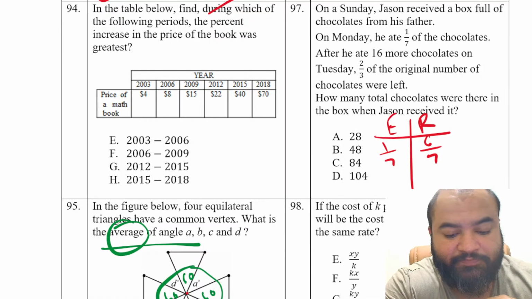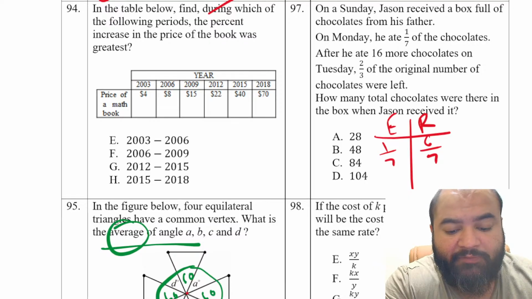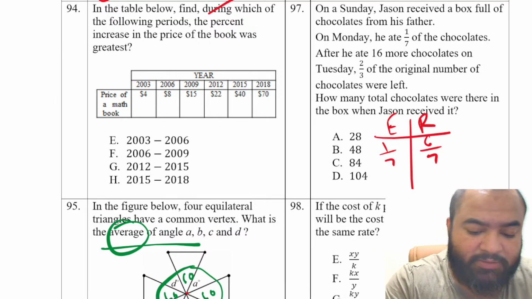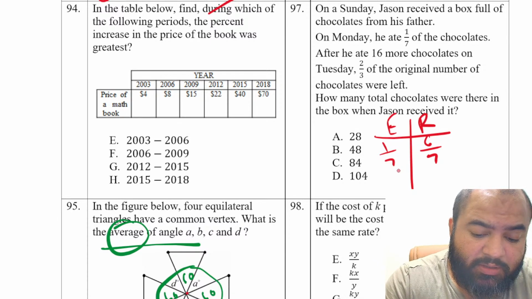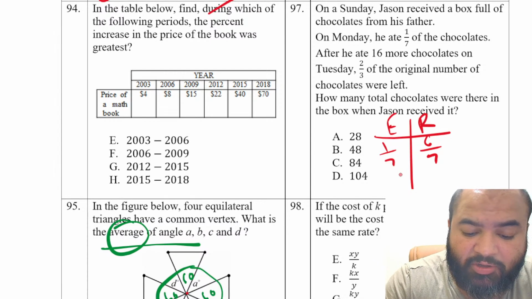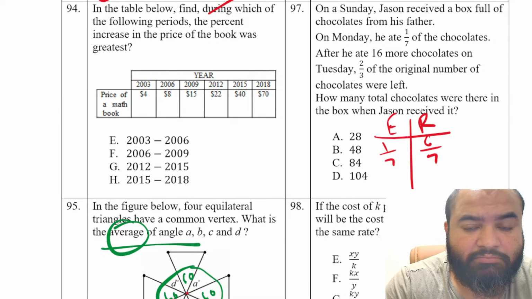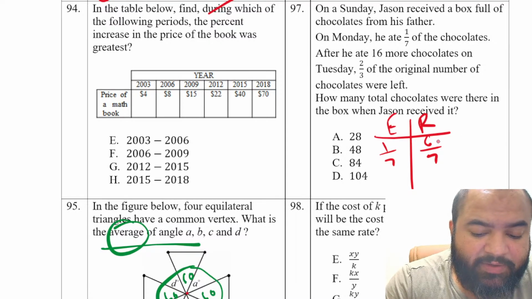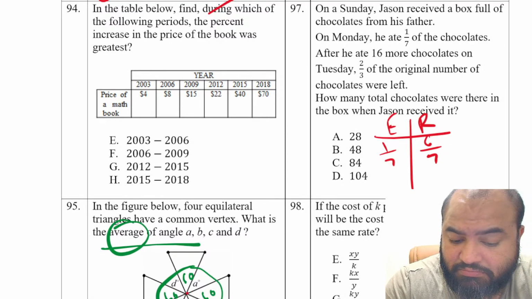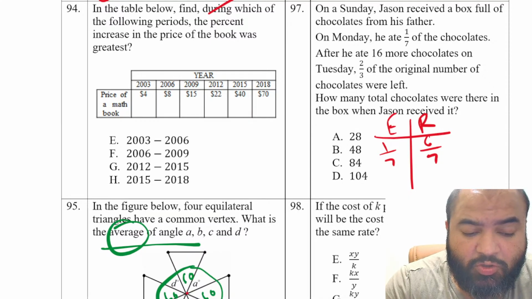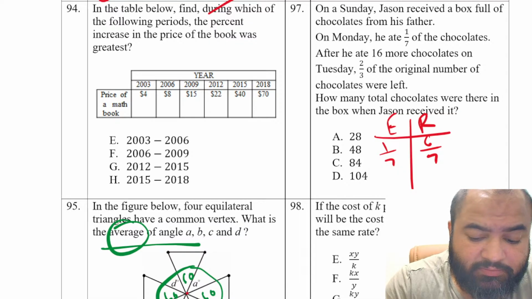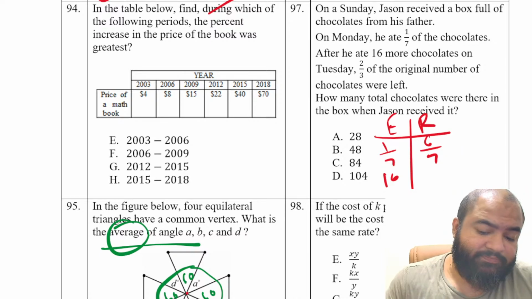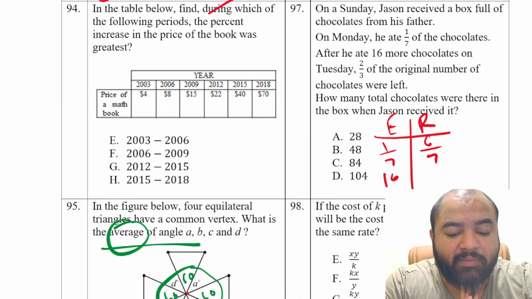You understand that part? After he ate 16 more chocolates on Tuesday, 2/3 of the original number of chocolates were left. So Monday 1/7, so 6/7 was left over. And Tuesday he ate 16. Now the leftover is 2/3 of the original. So how many chocolates were in the box?